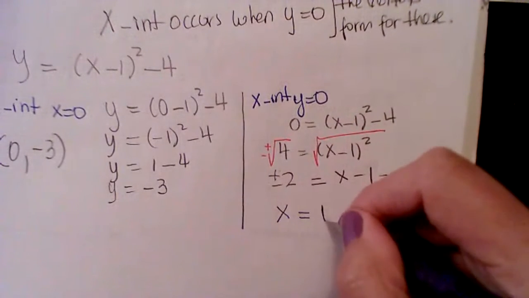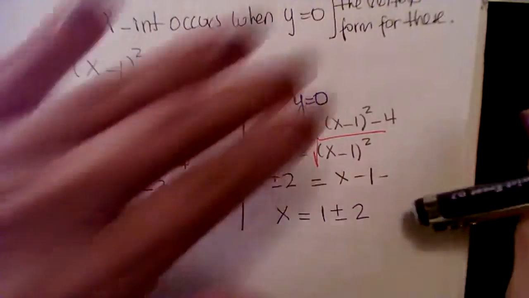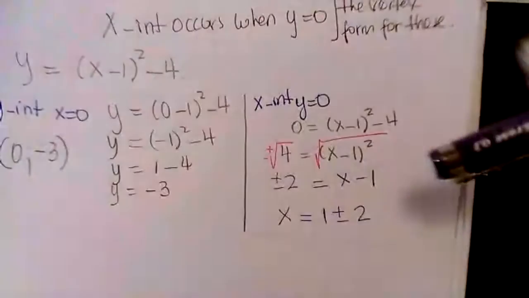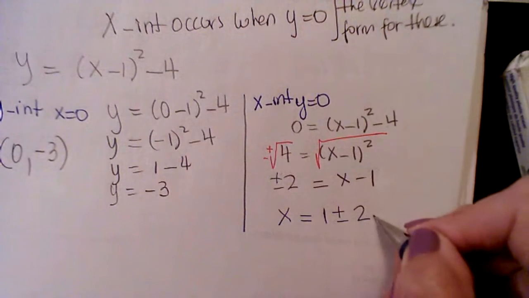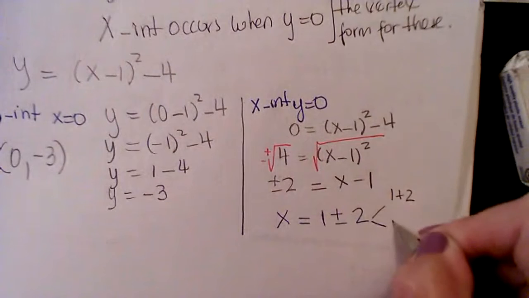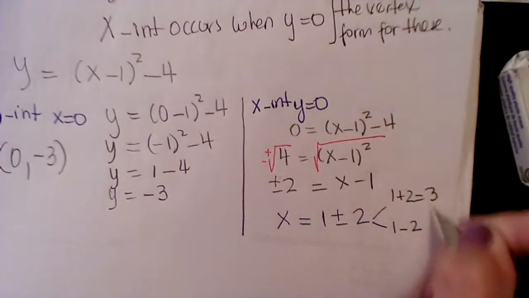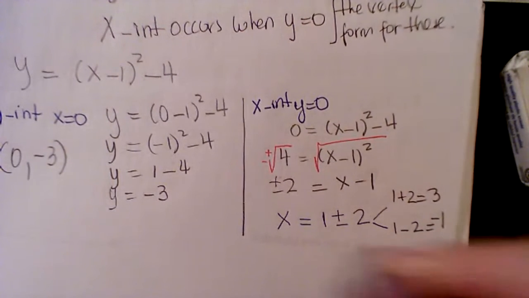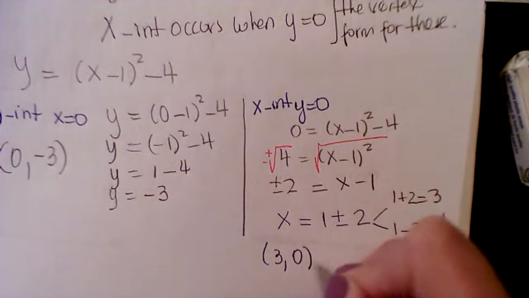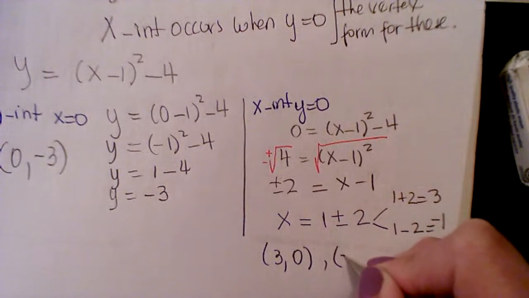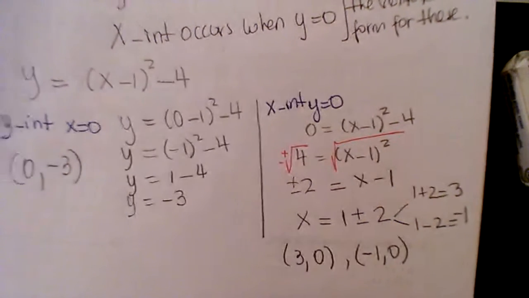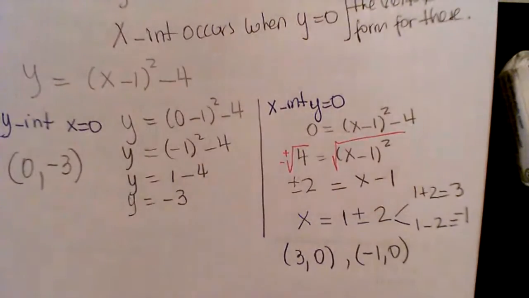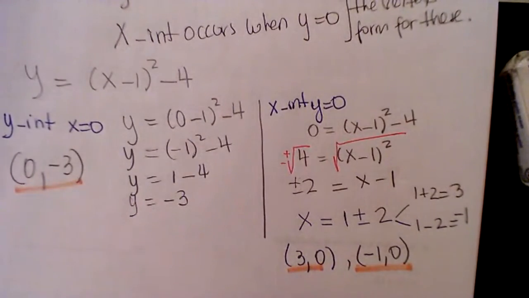So it's going to be 1 plus minus 2. Which is what? X can be 1 plus 2, 1 minus 2. So it's going to be 3, and it's going to be negative 1. So it's going to be 3, 0, and negative 1, 0. Okay? So here we go. We got this point, and this point of intersection.